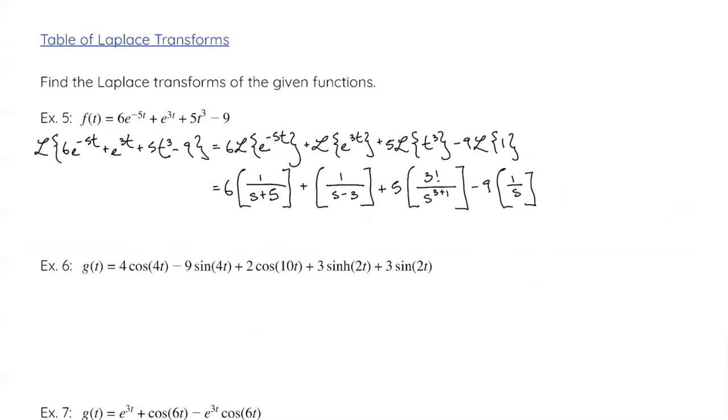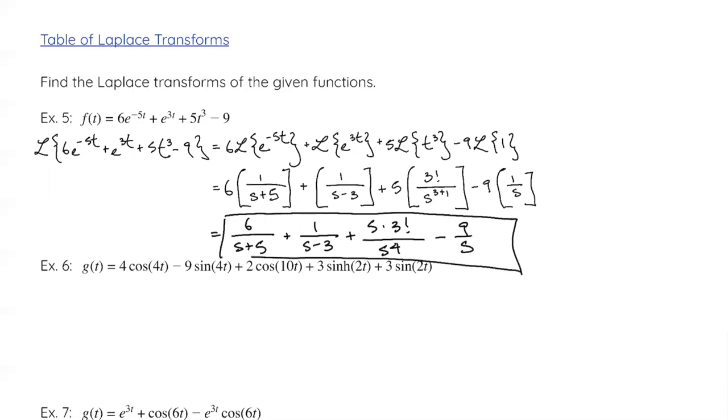But if we wanted to clean things up, we could certainly write 6 over s plus 5 plus 1 over s minus 3 plus 5 times 3 factorial over s to the 4 minus 9 over s as perhaps a better final answer. So not too bad. We really just have to find the correct line and plug in the correct numbers.